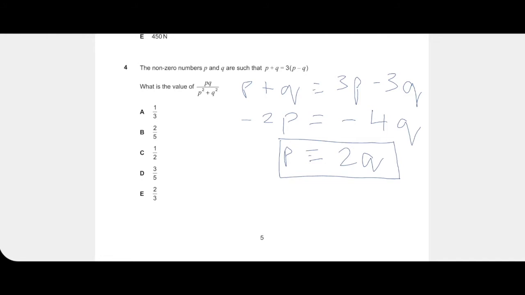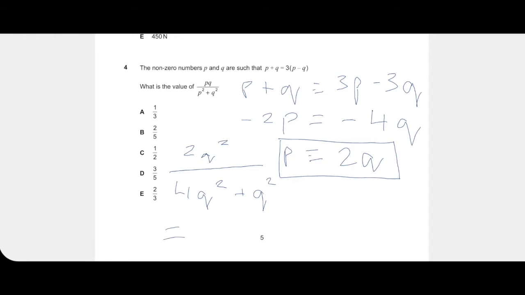So 2Q squared over P squared. So P squared is open bracket 2Q close bracket squared, which is equal to 4Q squared plus Q squared. Simplify that.